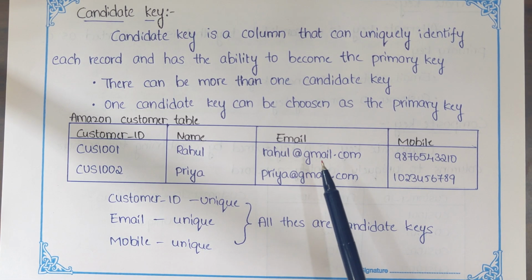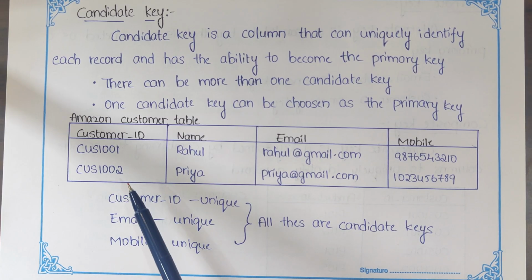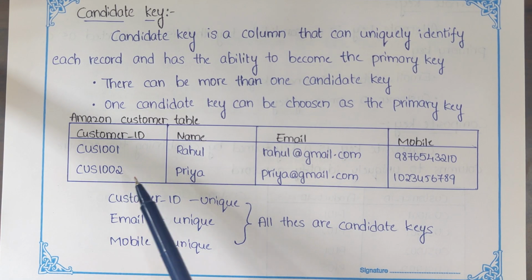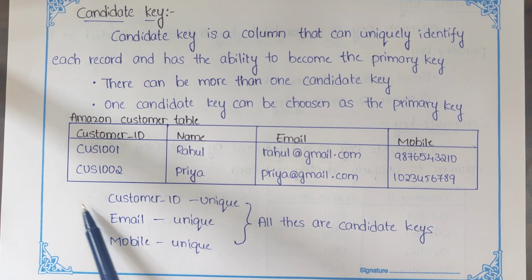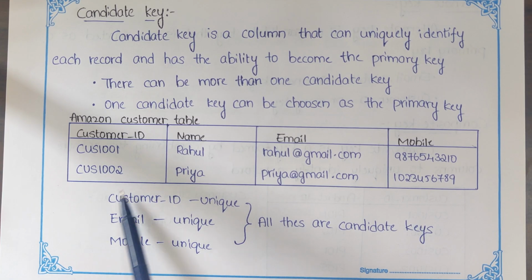It will not be possible, right? The mobile number can also change. So choosing the customer ID is better, because the customer cannot come to the Amazon customer table database and change their details inside. It's better to choose the customer ID, because it is permanently fixed as the unique identity.